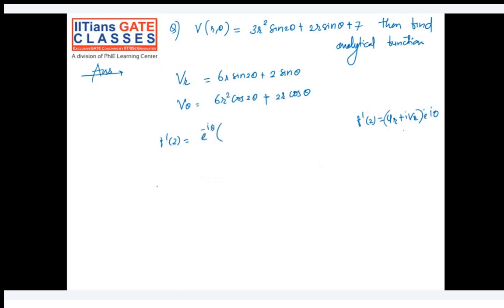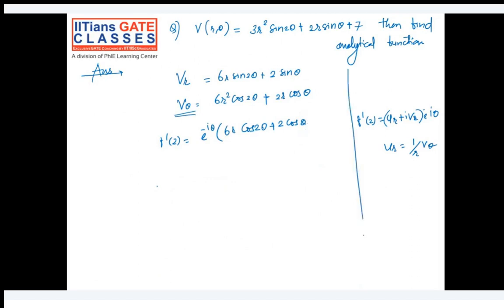u_r we don't know. Differentiation of u with respect to r we know as it should be 1 upon r v_theta, right? So I will use it. So what I'm doing, I'm taking v_theta and dividing with r. So what will happen? It will become 6r cos of 2 theta plus 2 cos of theta, right?